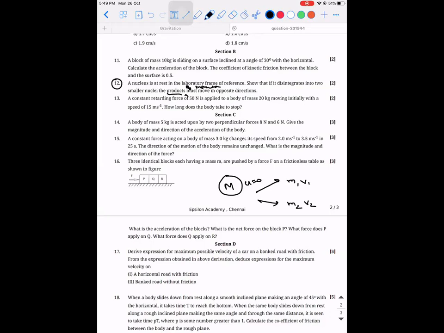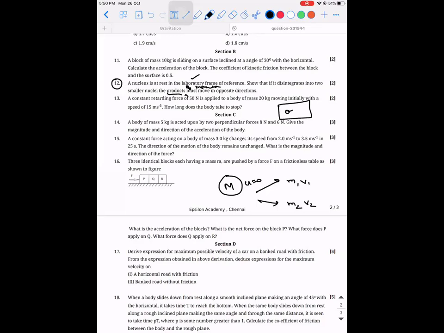Could you explain what is laboratory frame of reference? Laboratory means lab. In your lab, you're doing this. You're observing this kind of an activity. You have a nucleus which has got disintegrated. Generally, you cannot observe it.